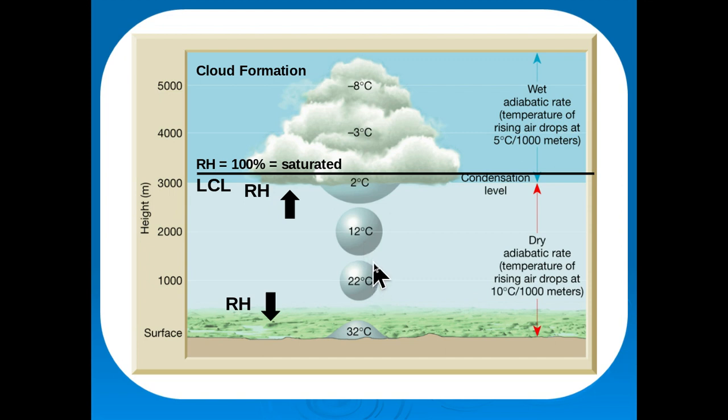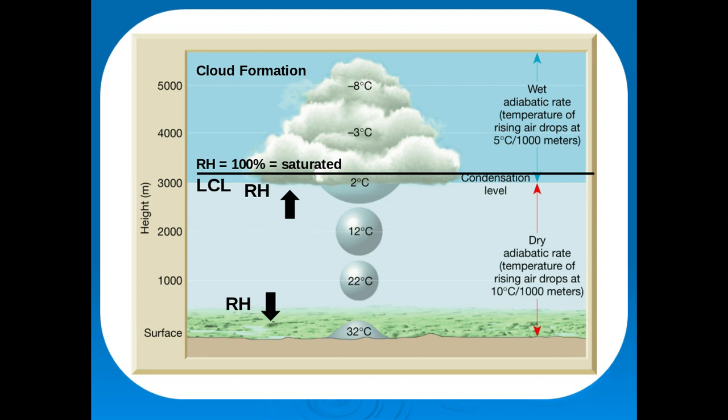So while this air parcel is cooling, what is happening to the relative humidity? Well, the relative humidity is going up. It's getting closer and closer to 100%, right? Because remember, humidity is dependent on air temperature. The cooler the air parcel, the less moisture it can hold.